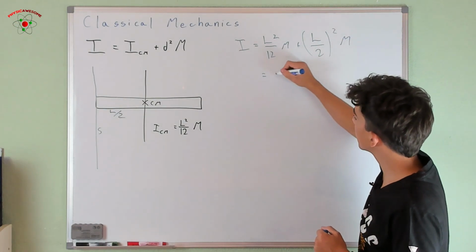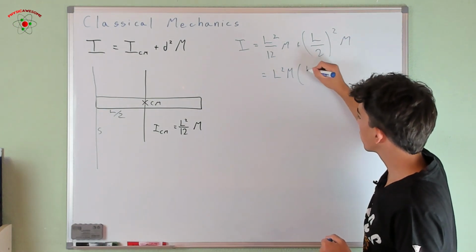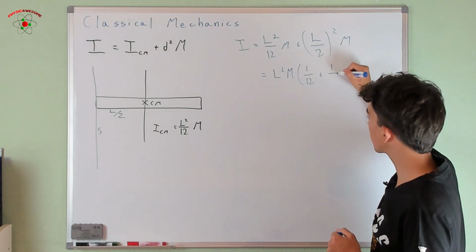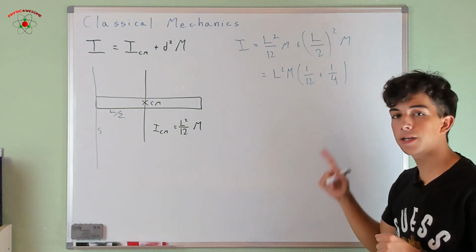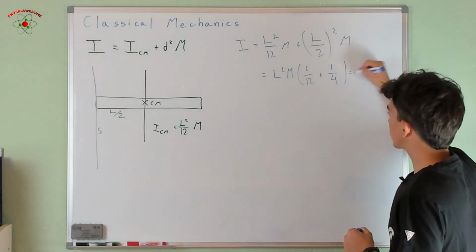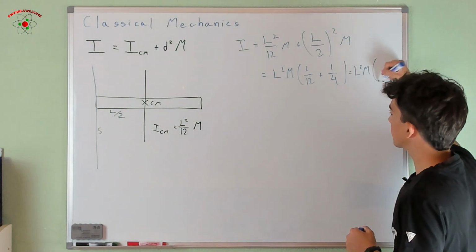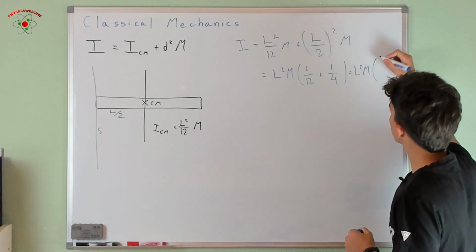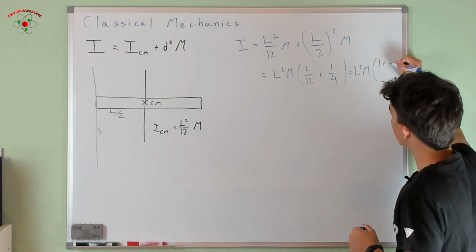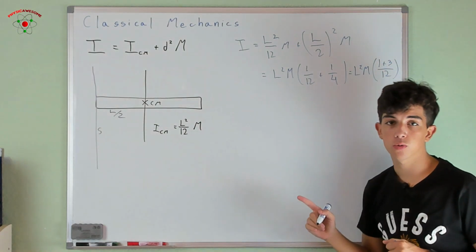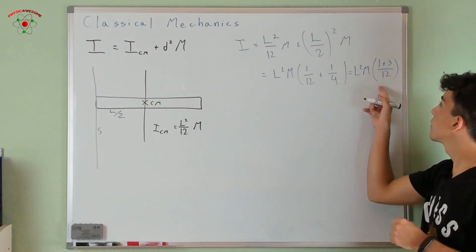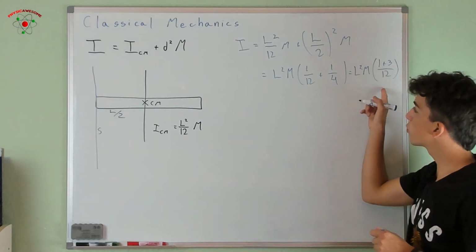This is going to give us an L squared m times 1 over 12 plus 1 over 4, taking the common factor out. And now we can simplify this and find this is going to be 1 plus 3 over 12, which is 4 over 12, and it's going to give you 1 over 3.